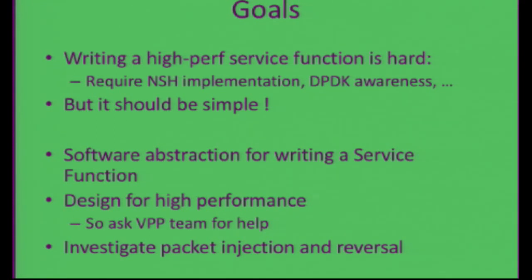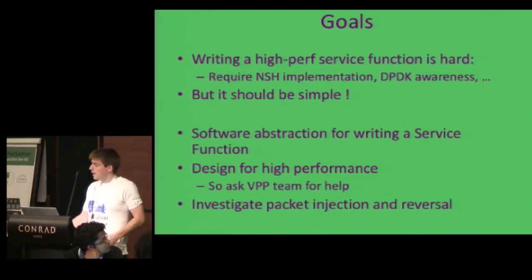So we built an abstraction for writing a service function, and we used VPP to get the traffic from the NICs, from the wire, into the service function and back out efficiently. In doing this, we also wrote some toy service functions as a proof of concept, to show that you can do it and that our abstractions work.